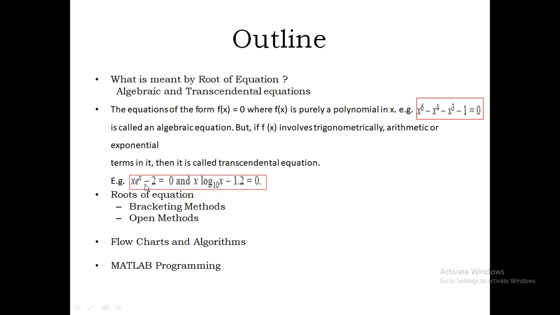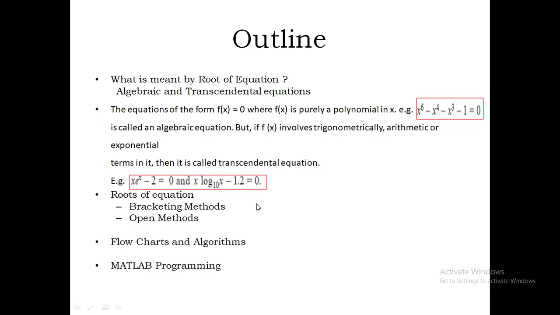For example, x e^x - 2 = 0, and x log10(x) - 1.2 = 0. This is a transcendental equation because an exponential function is contained in the equation. An algebraic equation containing trigonometric, logarithmic and exponential functions is called a transcendental equation.